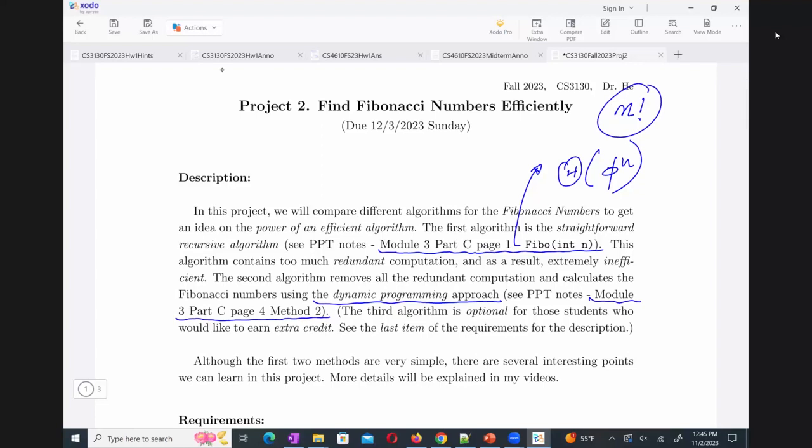Among those n factorial paths, what is the most efficient way? You can calculate the total distance and find the path with the shortest total distance. This famous problem we call the traveling salesperson problem, TSP.